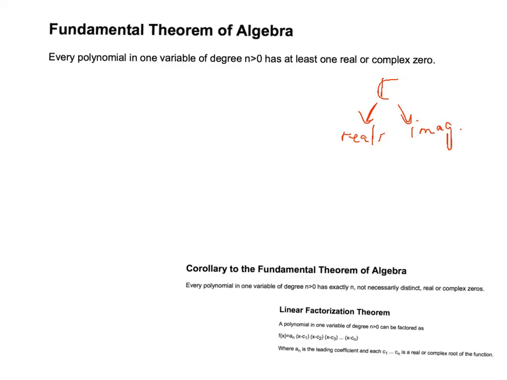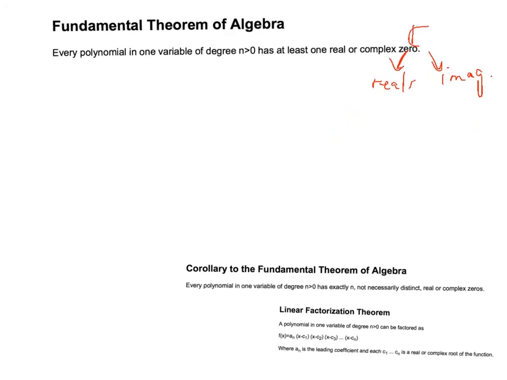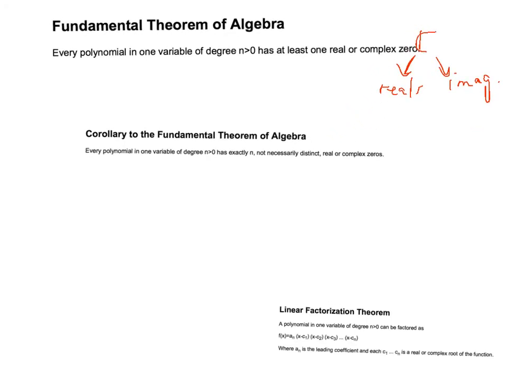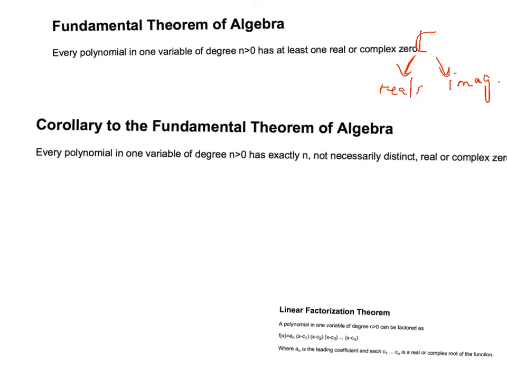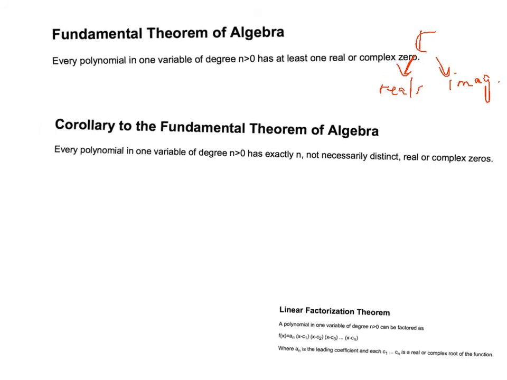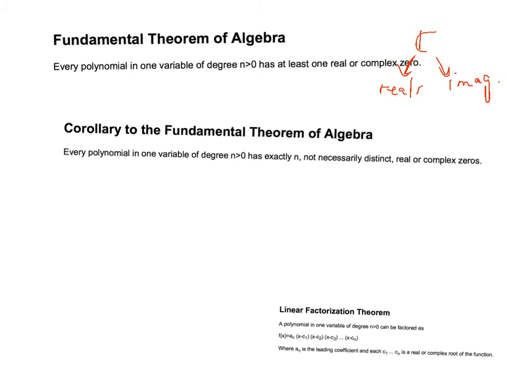Alright, the next theorem is really just an add-on to the one we just spoke about, and this is the one we're going to be more interested in for our discussion. The corollary, which is just an add-on, because this one happens to be true also. This one says, for polynomials with a degree higher than x to the 0, the roots don't have to be distinct, but if it's an x to the 2, we're going to have 2 complex roots.